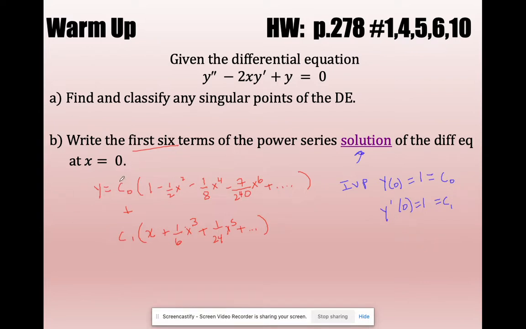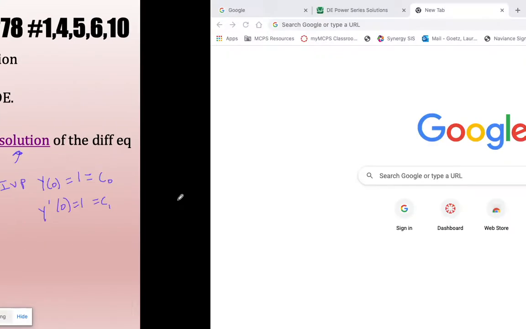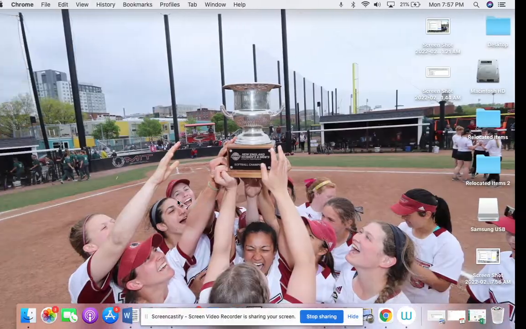So I'm going to replace this with 1 and this with 1. And then I came up with a summation rule for these terms, which you don't have to do, but I did in order to plug this into Desmos. So I'm going to switch this over to the Desmos screen.